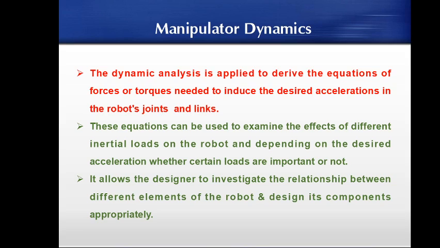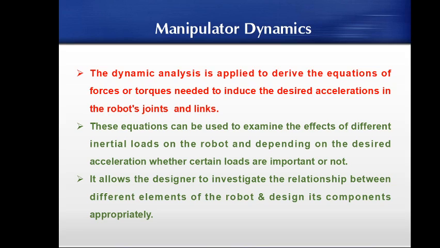Because currently we know the desired position and orientation by applying the kinematic analysis. Then by applying the velocity kinematics, we were able to determine the desired accelerations, velocity, or the differential motions at each of the joints present on a robotic manipulator.